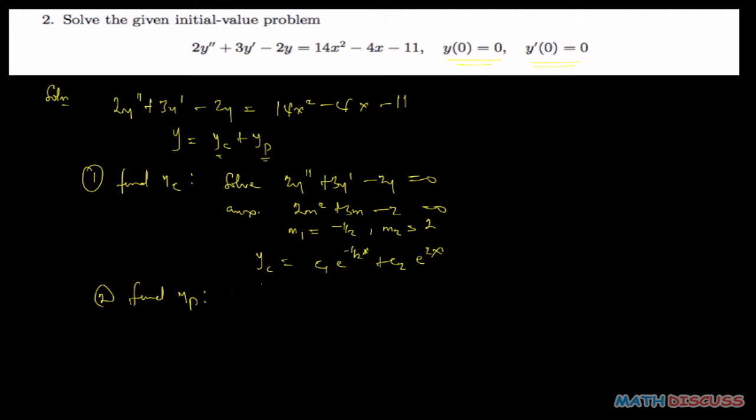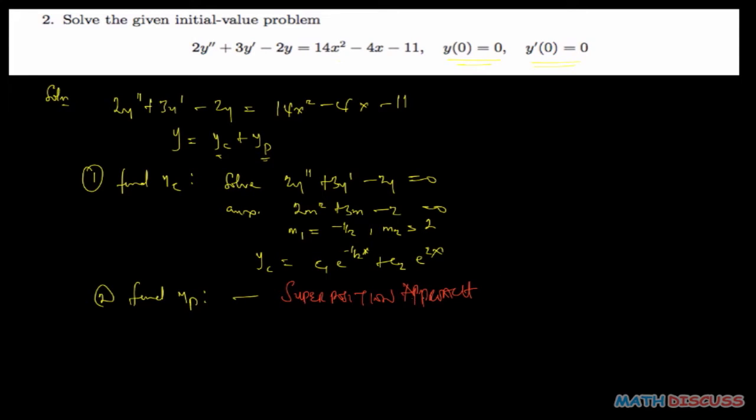We're going to find a particular solution using the method of undetermined coefficients, but the approach we're going to use is the superposition approach. You know there are two approaches you could use.